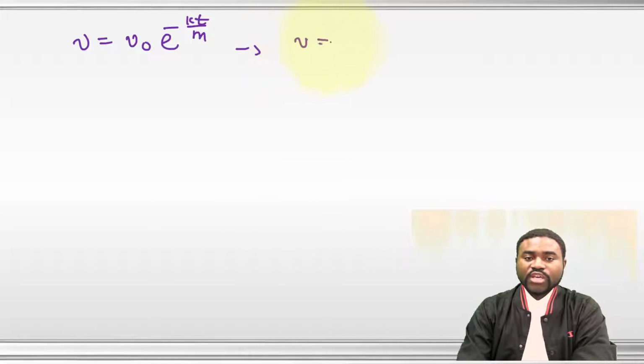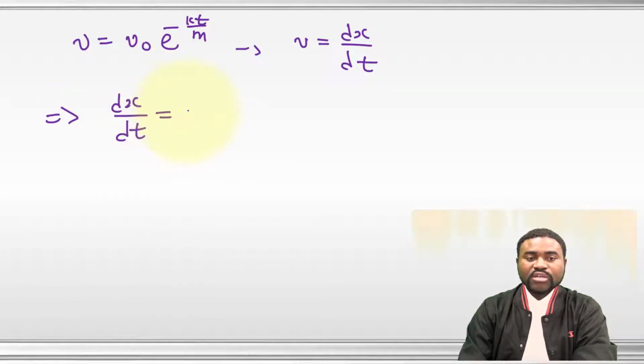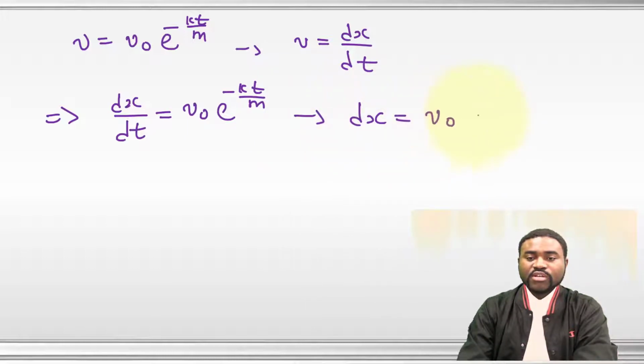So we have V equal to V naught e negative kt over m. We know that V is dx over dt. This therefore implies that dx over dt is going to be equal to V naught e negative kt over m. And therefore dx will be equal to V naught e negative kt over m dt.